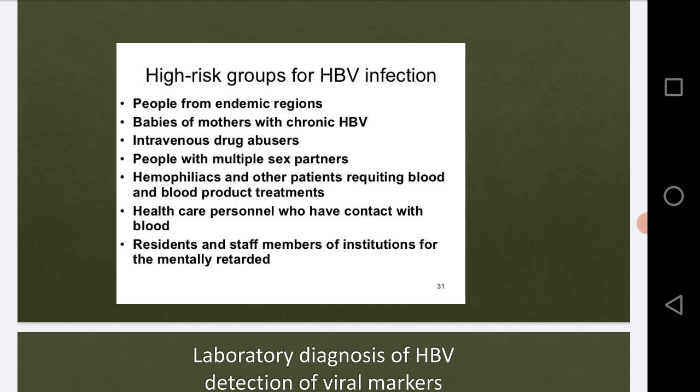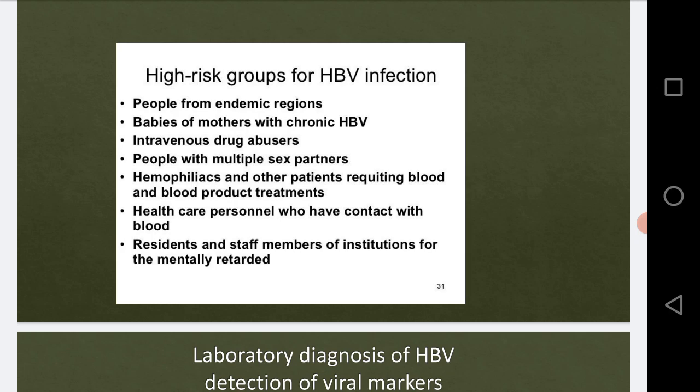Then the babies of mothers with chronic HBV, as transmission from mother to fetus can take place. Then intravenous drug abusers, people with multiple sex partners, hemophiliacs and other patients.